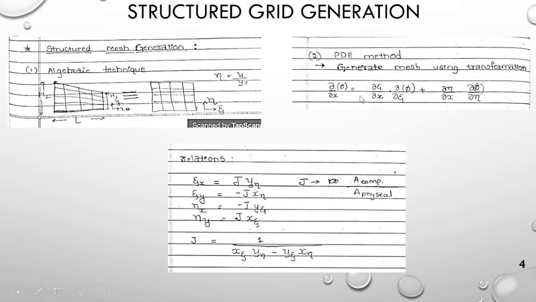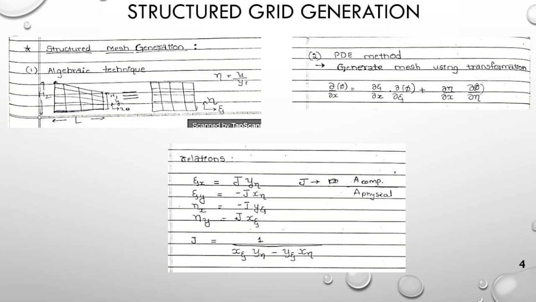We can directly obtain d phi by d zeta using our finite difference or finite volume method, because it will be just phi 2 minus say phi 1 divided by delta zeta. But we cannot find d zeta by dx because xy is a complex geometry plane. We cannot directly get dx value. So we have to convert this d zeta by dx into something which we know, for example, into the form of x zeta.